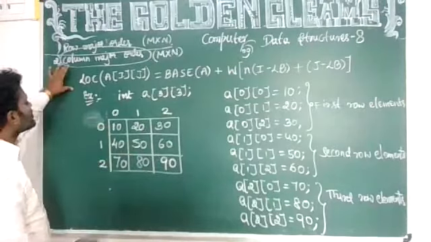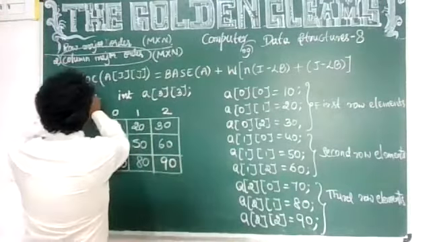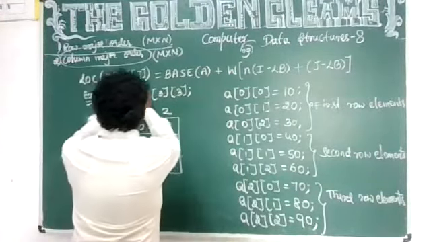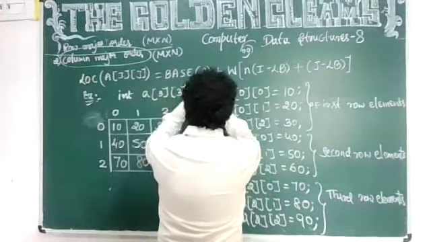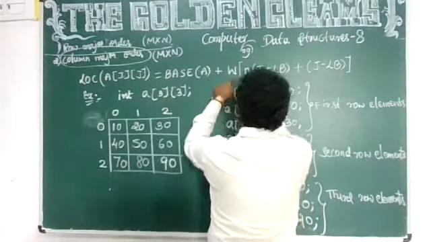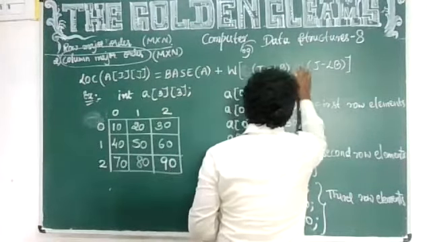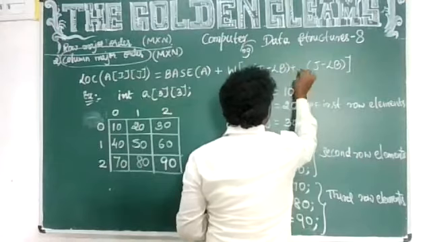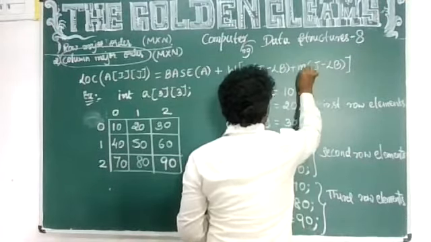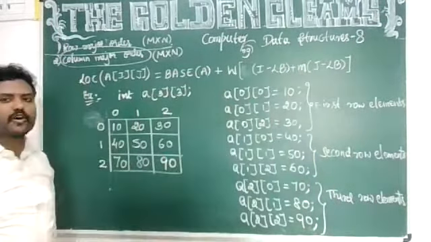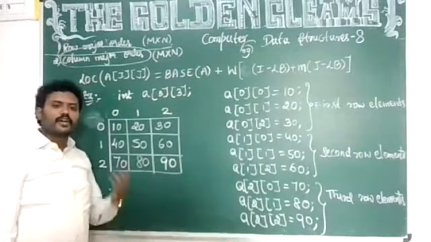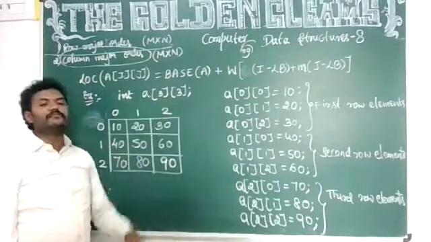Notice the small change in the formula. LOC of A[i][j] equals base of A plus W of (n times (i minus LB)) plus again m. Now students, this is the only difference between row major order and column major order.